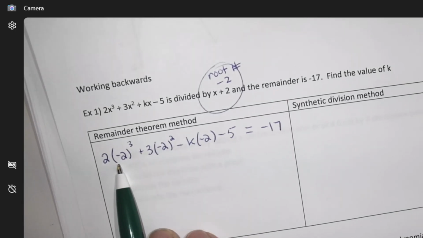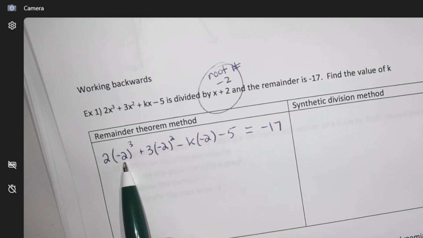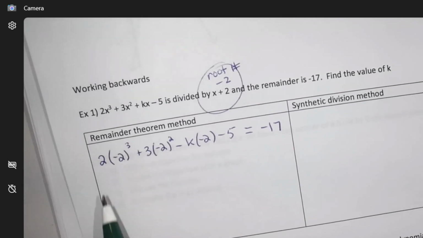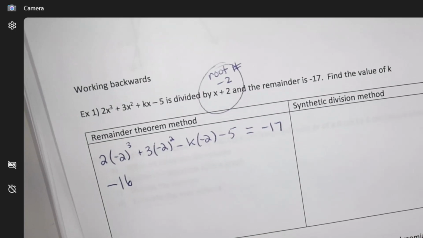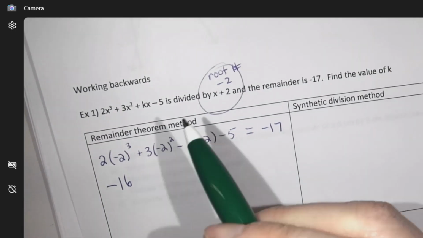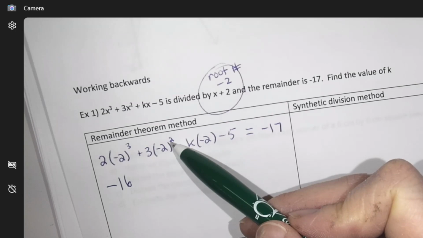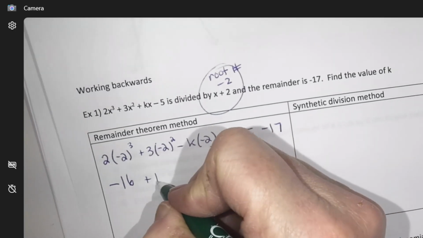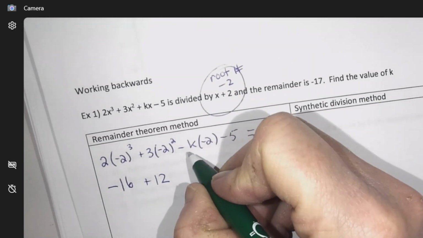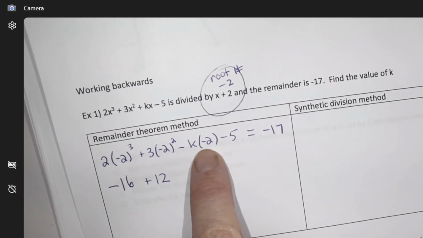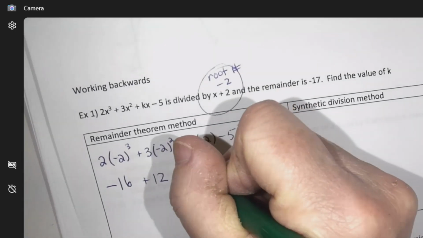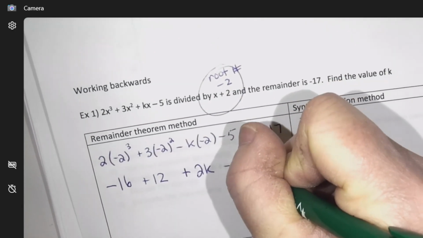Ready? -2 cubed. Anybody know that one? -8 times 2, so that's -16. -2 squared is +4, so +12. So this is going to be a variable, but I'm going to do a plus. Are you okay? Because there's a subtract and a negative. So plus 2k.